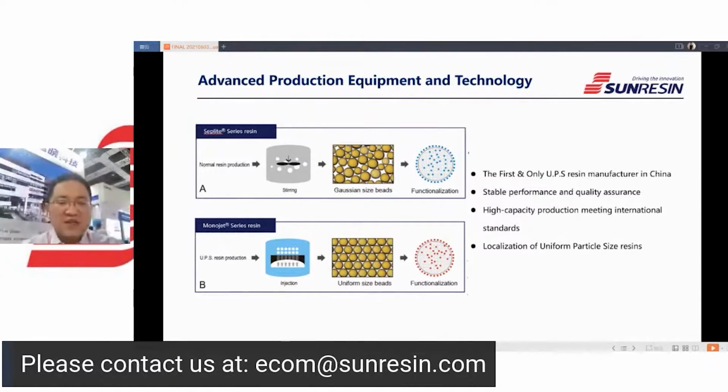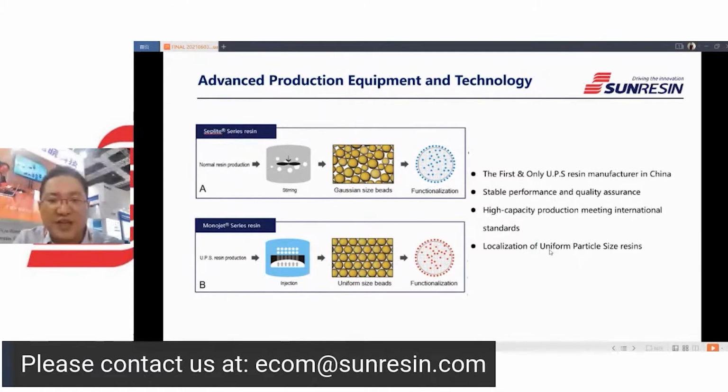Due to this technology and continuous polymerization, uniform particle resins can be produced. Sunresin was the first and only UPS resin manufacturer in China, and since 2019 we have produced our UPS resin with stable performance and quality assurance.